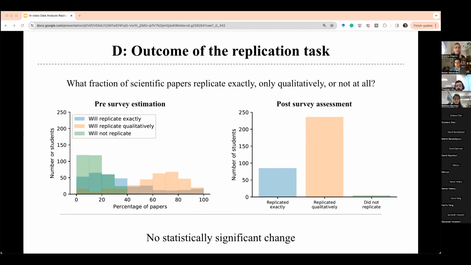And indeed, that is what happened with the basic figure. The second most frequent outcome was exact replication, and complete failures were relatively rare. And this is also probably because we pre-selected the 10 publications, knowing that qualitative replication is feasible because we didn't want to expose students to stress and frustration.